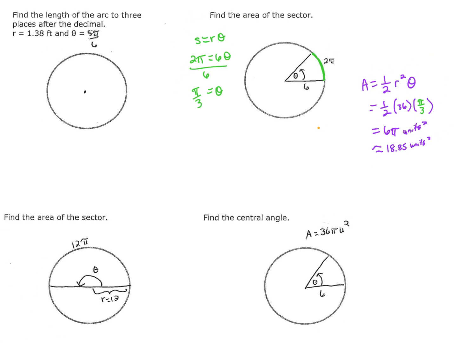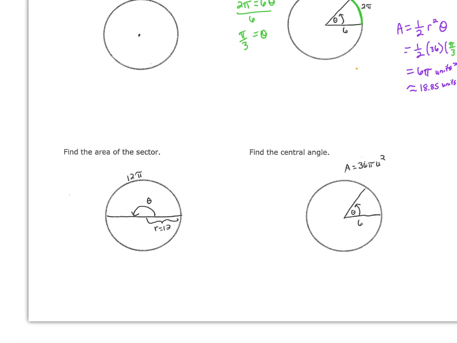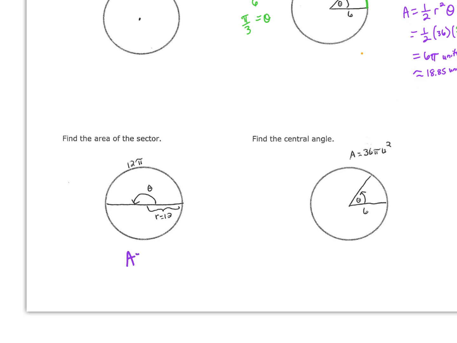All right, the bottom left is similar to that in that we're given information, we're supposed to find the area. But we don't know theta, so once again, we're having to use this formula and plug in. So we have 12 pi is equal to 12 theta. So you find that theta is just equal to 1 pi.